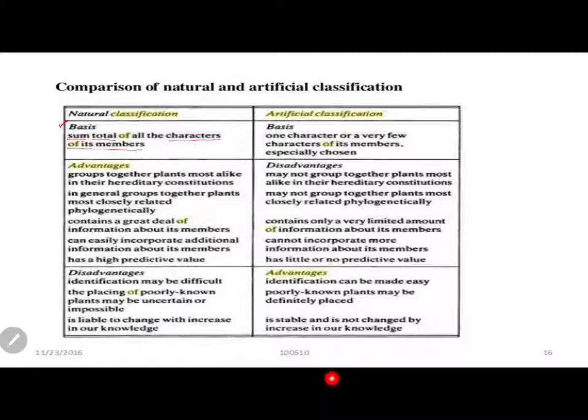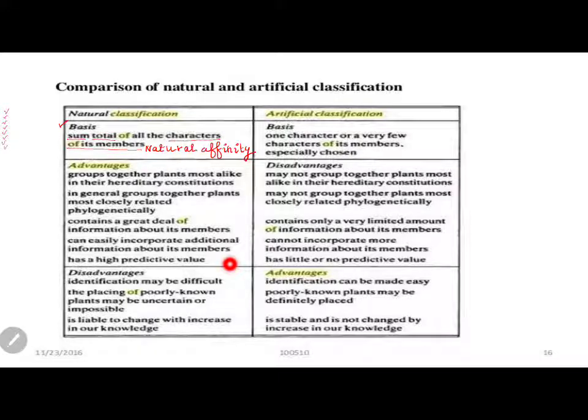So I have n number of characters, not a little, n number of characters common in all the organisms in the taxon I classified based on the natural classification. We always use the word natural affinity when it comes to natural classification.